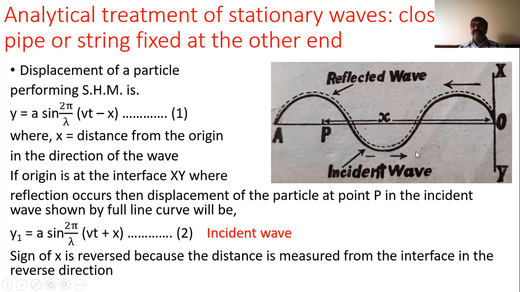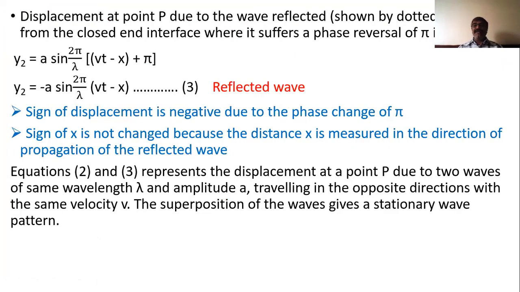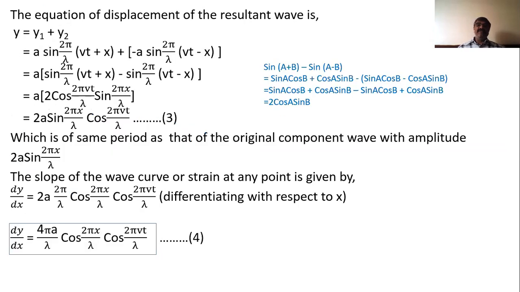The incident wave is traveling from A to O, and the reflected wave is traveling from O to A, with velocity v, exactly in the opposite direction. So these two waves give rise to a stationary wave pattern in the organ pipe. The superposition of two similar waves, with the same wavelength, amplitude, frequency and period, but traveling in exactly opposite directions, gives rise to a stationary wave pattern, as we have seen in the very first slide.